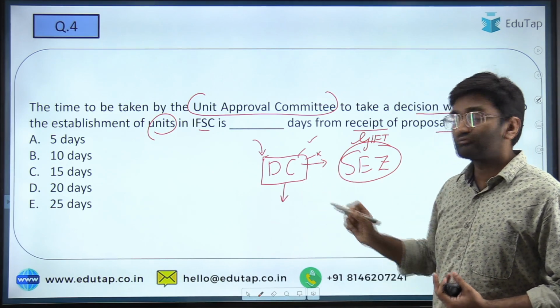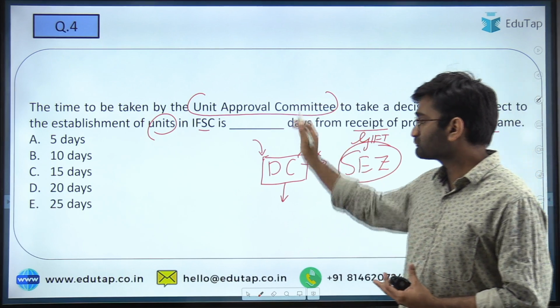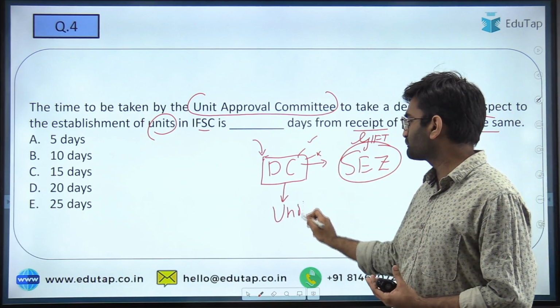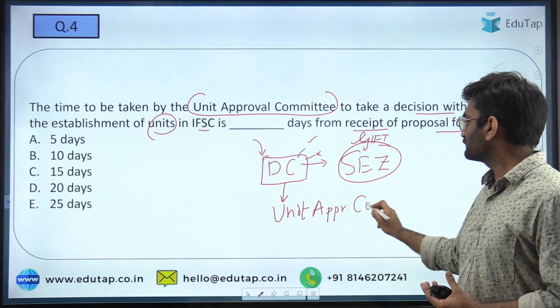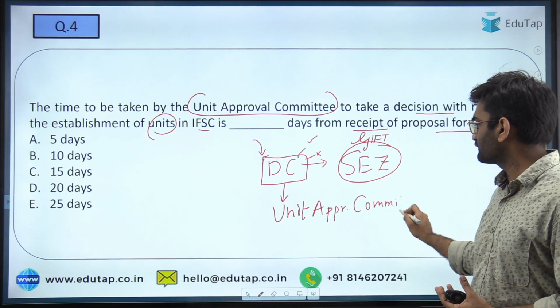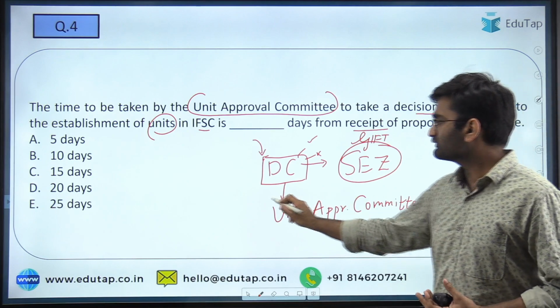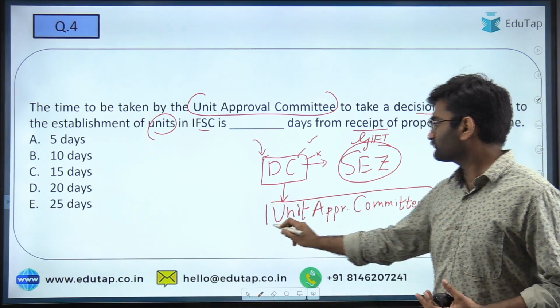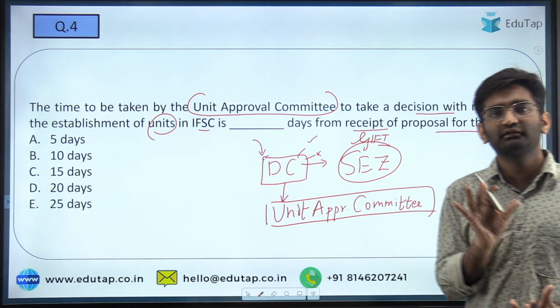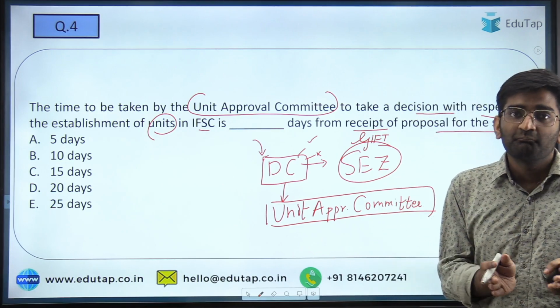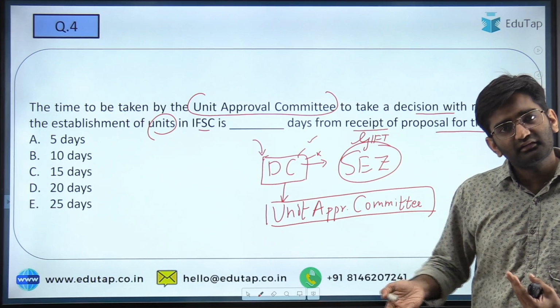If it has been approved and it is moving ahead, it moves to a unit approval committee. This unit approval committee scrutinizes the application based upon the activities the entity is planning to do by opening a unit in the IFSC.